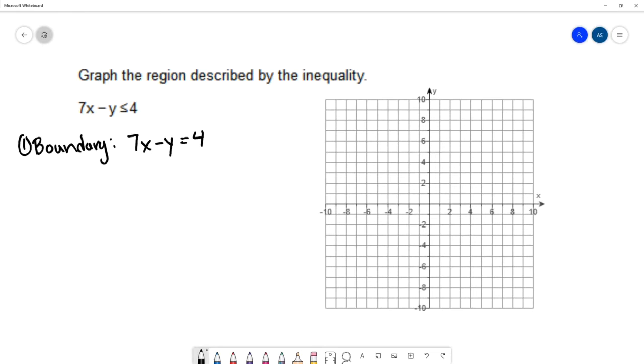That's our boundary line. Now the boundary line can be included in the region or not included, and it depends on which inequality symbol we use. When we use the inequality symbol less than or greater than, the boundary is not included.